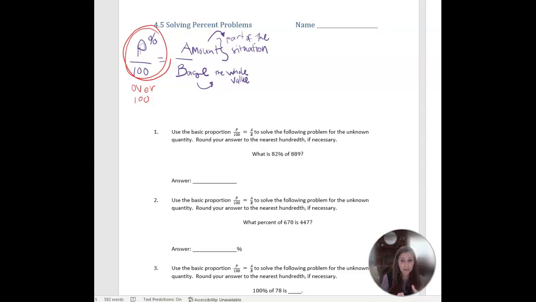Now that's how Hawks explains it. And if you look through this worksheet, they give you that formula for every single problem. I think just to not twist you up, we will stick with that. But let me just say one thing. You see this word right here, part, and then you see this word right here, whole.